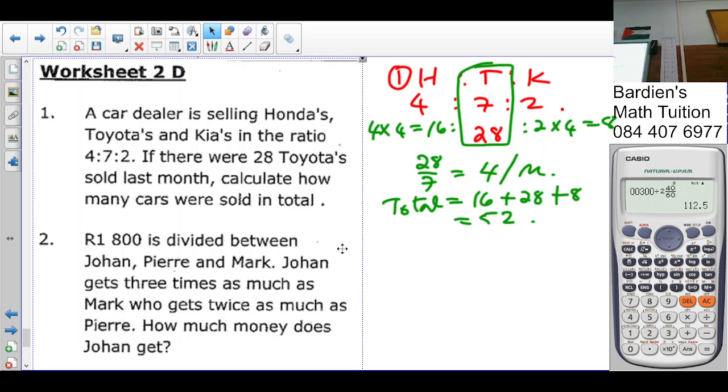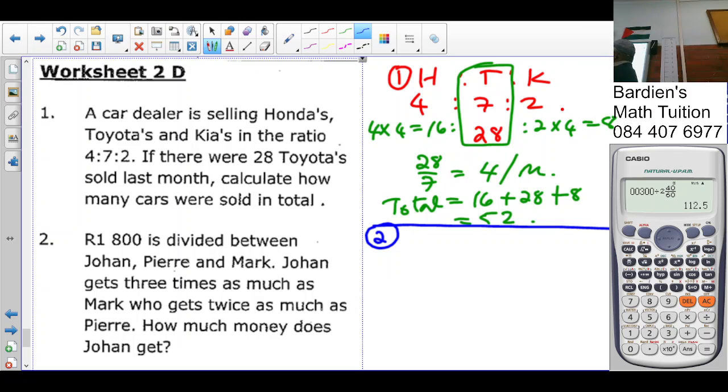So let's look at number 2. 1,800 is divided between John, Johan, Pierre, and Mark. Johan gets 3 times as much as Mark, who gets 2 times as much as Pierre.